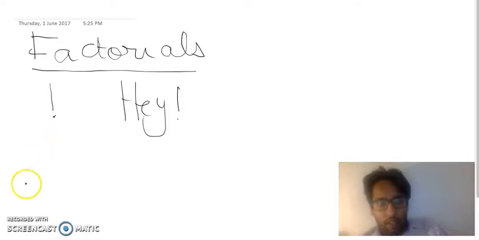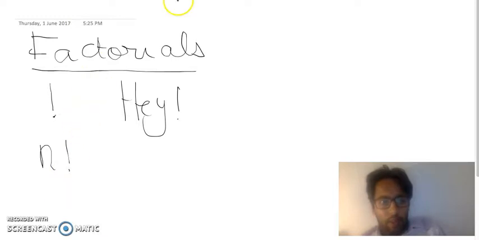So if I say n factorial, or a number factorial, let's just take an example rather than going into the general way n factorial is written. What I'll do is I'll just take an example to explain this in an easier way.